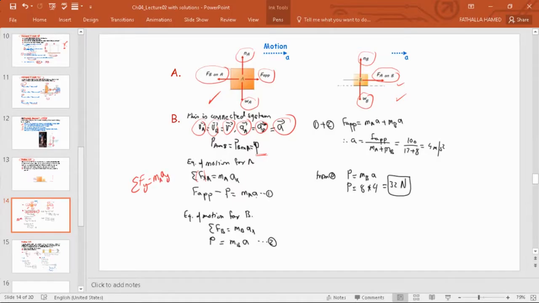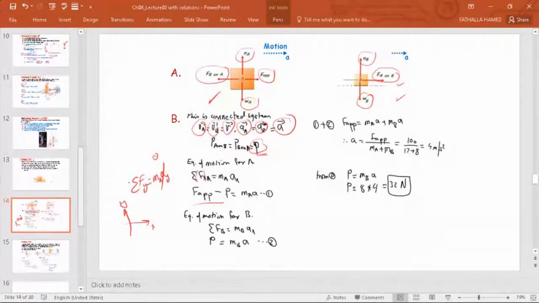But you have no motion along the y, so that's basically equal to 0. So the only motion is happening along the x. So when you look at A, you have the applied force along the positive x-axis. You have the force of B on A, which we said is equal to P. It's in the negative, so that's why we have F applied minus P equals MAA.